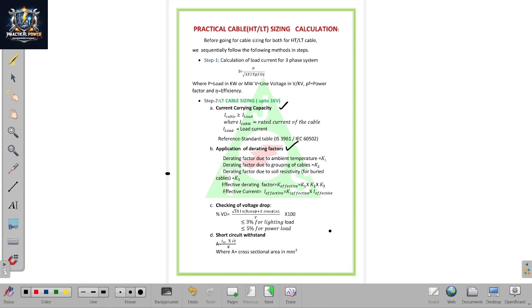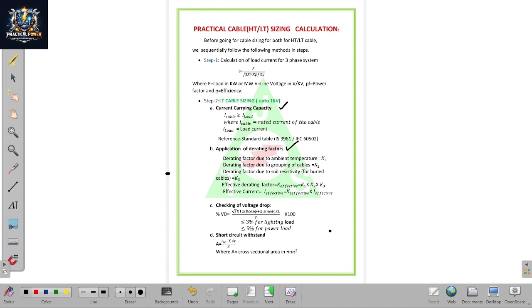Then we come to checking the voltage drop. In selection of the LT cable, we cannot avoid this checking point, that is the voltage drop.